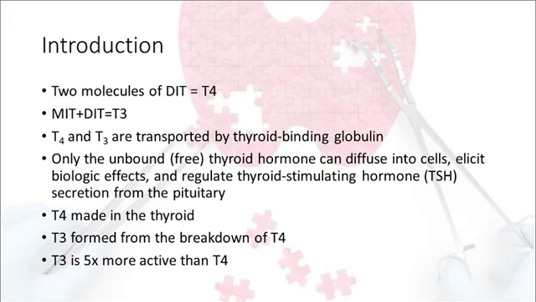Now, it's worth pointing out that iodinated tyrosine residues such as monoiodotyrosine and diiodotyrosine couple to form iodothyronines in reactions that are catalyzed by thyroid peroxidase, and two molecules of diiodotyrosine will then form T4, and a combination of monoiodotyrosine and diiodotyrosine will form T3.